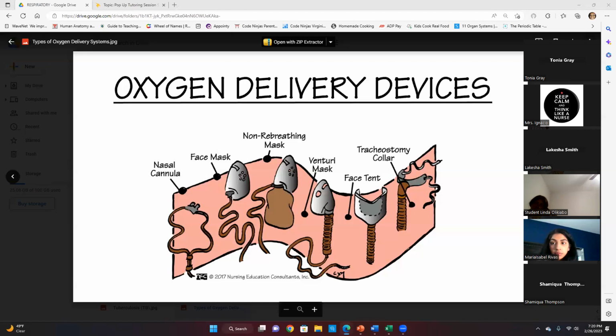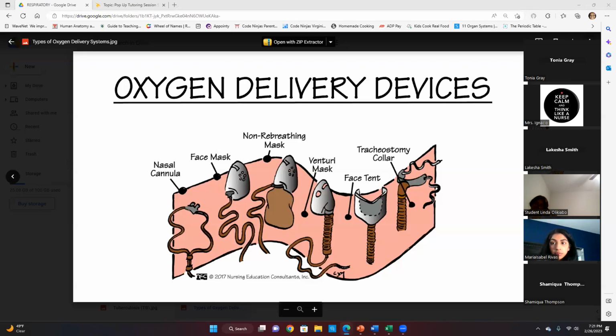If the patient is on a ventilator and they are in SIMV mode, this patient is receiving mechanical ventilation. When they're in SIMV mode, the patient is able to breathe on their own, but the ventilator will also give them a specific predetermined number of breaths to make sure that the patient still gets the oxygen they need.